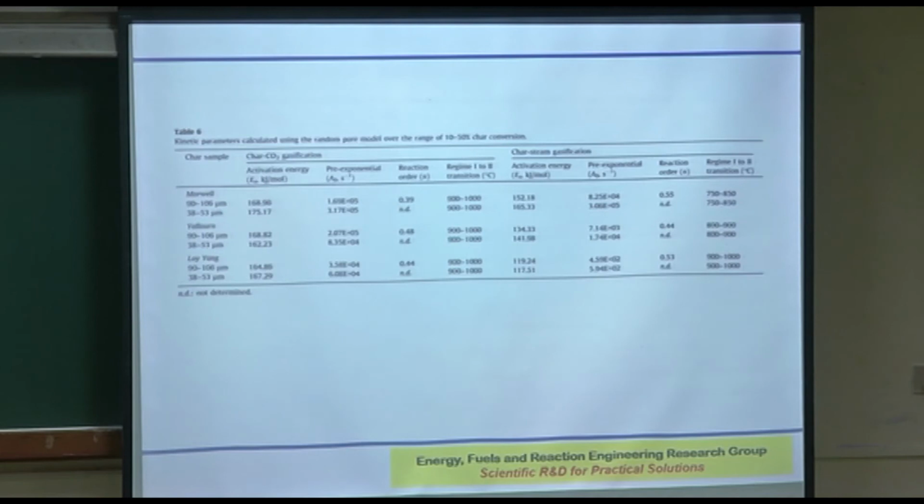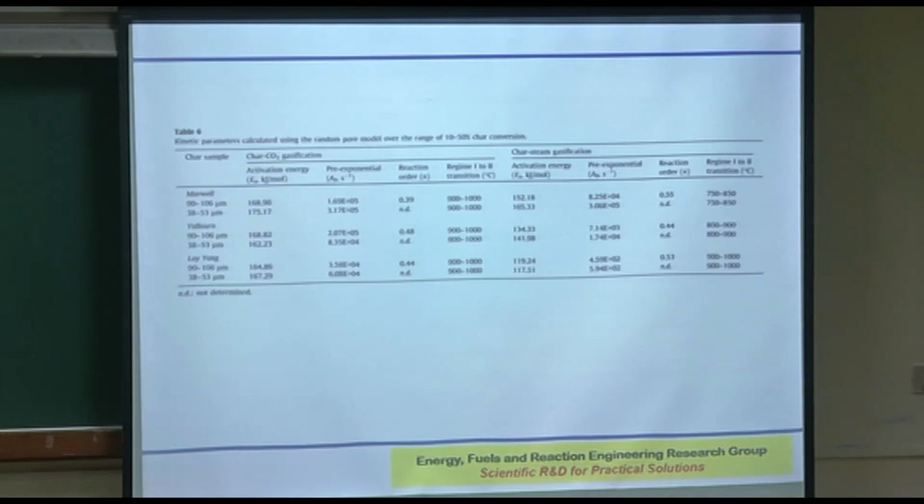And if you do a sufficient number of experiments, you have 3 different variables: the reaction order, the activation energy, and the pre-exponential constant. So for any particular size, if you do at least 3 sets of experiments at 3 different temperatures, at least 3, the more the better, then you can get the 3 variables out. Okay?